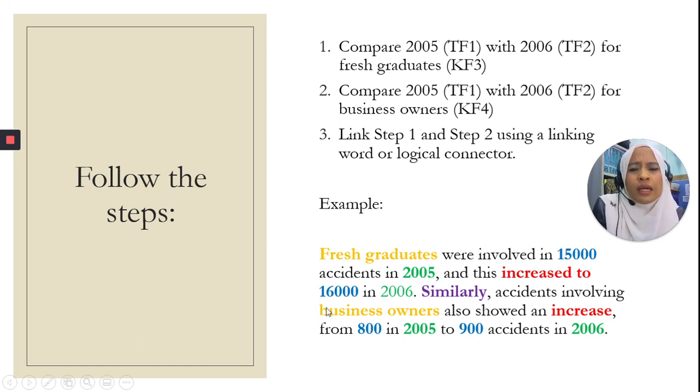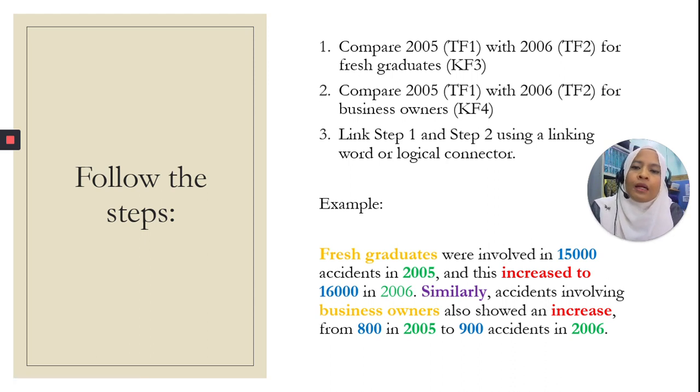So if you want to write a synthesis, once you look at it, you can see that it is basically a combination of two analyses. The first sentence is one analysis, the second sentence is another analysis. Now, can we combine these two sentences together into one? Yes, you can, and it will be much clearer doing that.